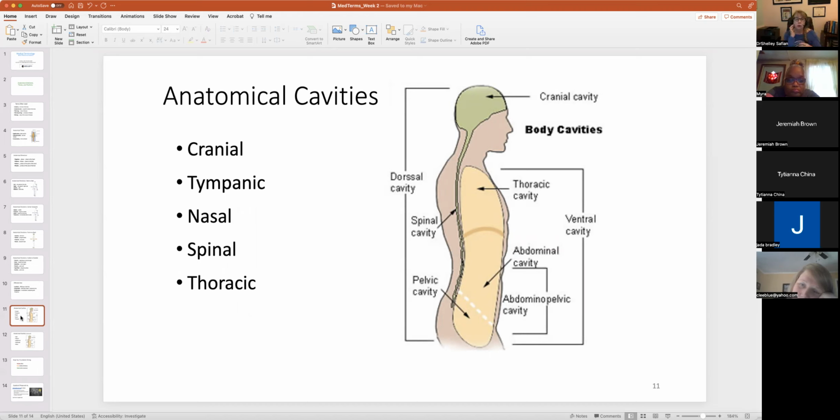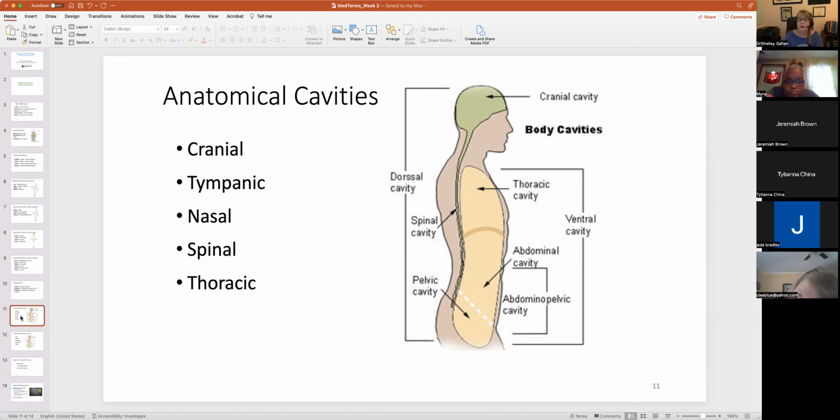So in your tooth, when you get a cavity, that means bacteria has eaten a hole. So basically a cavity is a hole or a space where you're not supposed to have it. But in your body, you are supposed to have 6 spaces because these spaces contain stuff that's relatively important to your existence. So the first cavity we have is the cranial cavity.